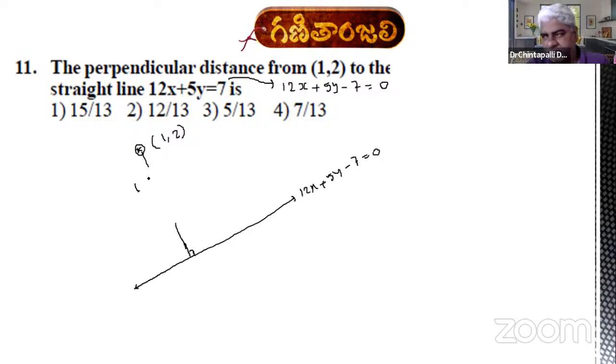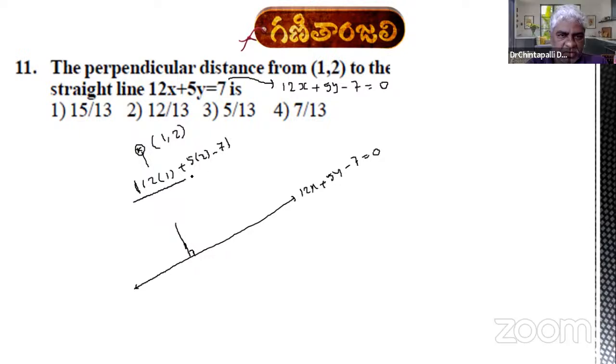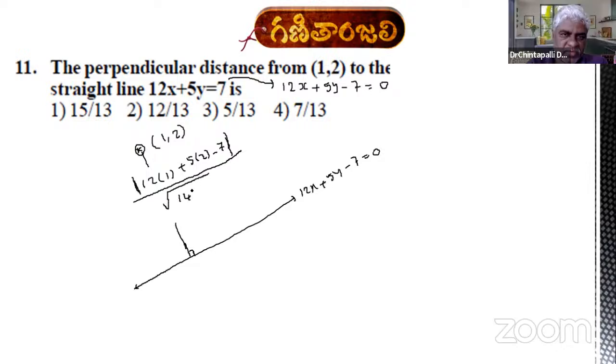Mod of, just write the expression: 12 times 1 plus 5 times 2 minus 7, over root of 12 square plus 5 square, which is 144 plus 25.